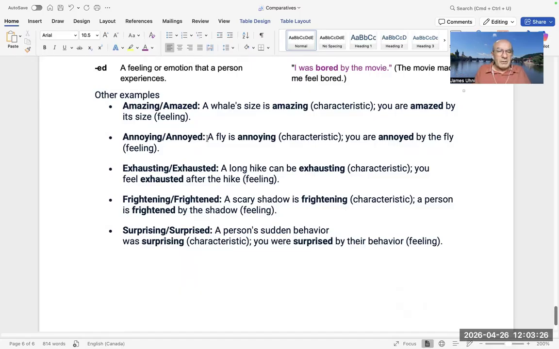So here are some examples. Amazing, amazed. A whale's size is amazing, huge. You are amazed, wow, by its size. I feel excited. Annoying, annoyed.